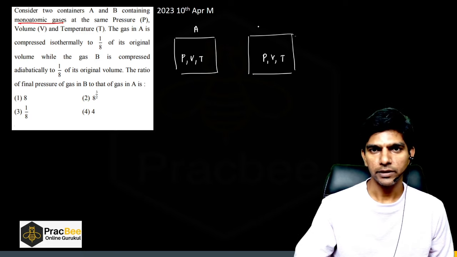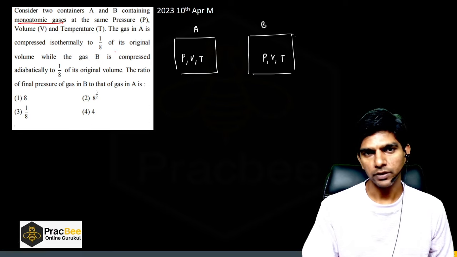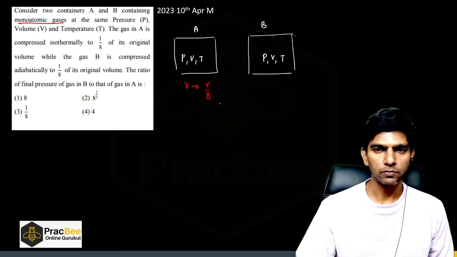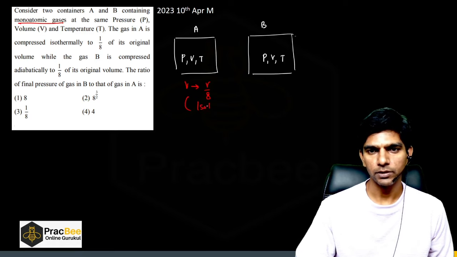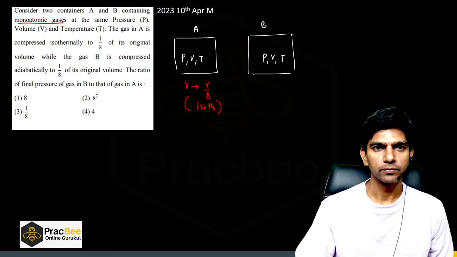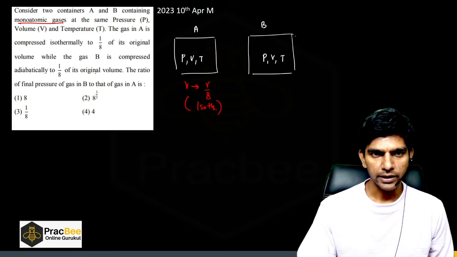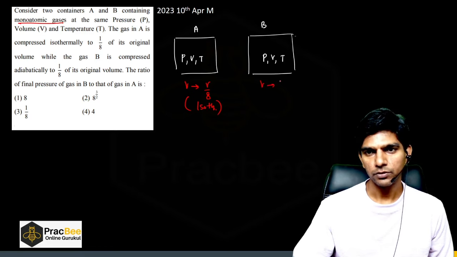So this is container A, this is container B. The gas in A is compressed isothermally to 1/8 of its original volume. So the volume has decreased and becomes 1/8 of its initial volume, and this process is isothermal in container A. And in container B, the gas is compressed adiabatically, so from V to V by 8 adiabatically.